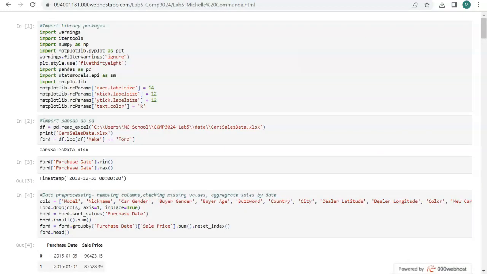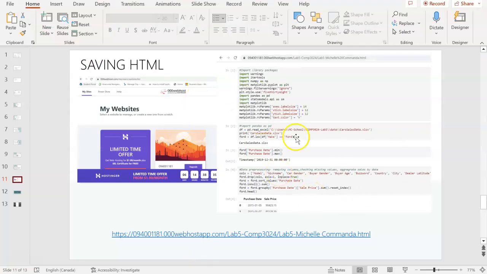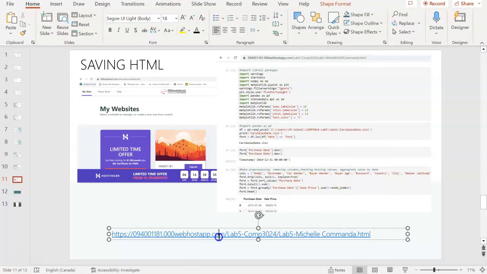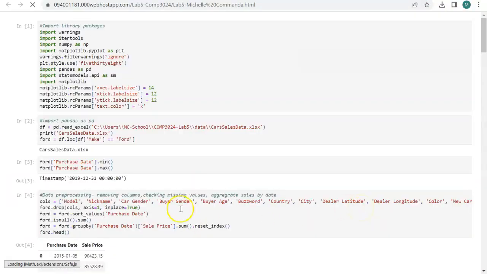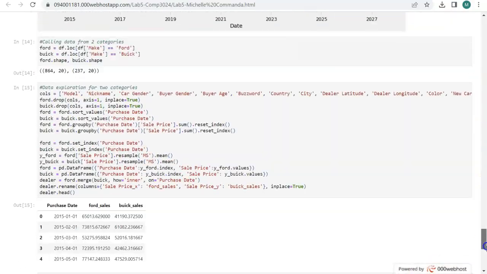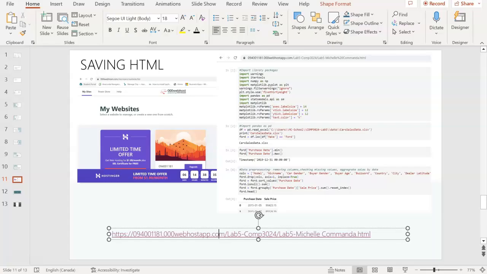Let me go back to my PowerPoint. I did save the HTML file, and it is right here, just pulling it up, the HTML file with all of my predictions and my models.